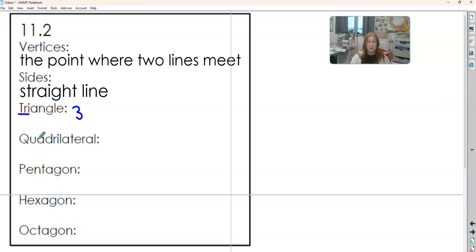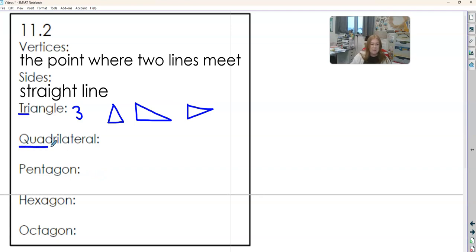Three sections our school year is broken up into. So our triangle has three, and then we are going to draw some examples of triangles here. Just as long as it has three sides, it is a triangle. And then we could label them different types of triangles. We're not going to get into that right now, but those are all examples of triangles.